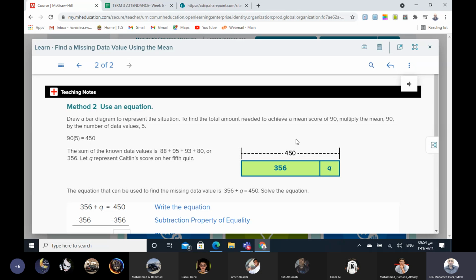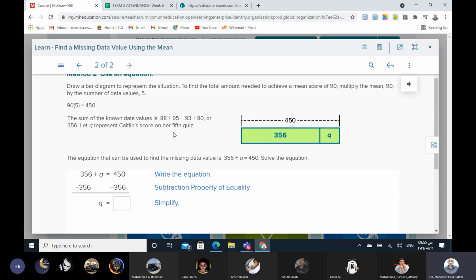So this is all of the data, and we know just 4 from the 5. The sum of the known data values is 88 plus 95 plus 93 plus 80, which will be 356.